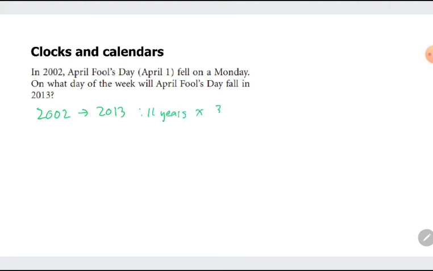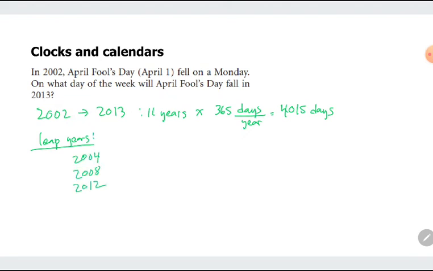Per year, you have 365 days. So if you multiply 365 by 11, you will be getting 4,015 days. How many leap years are we dealing with? We have 2004, 2008, 2012.